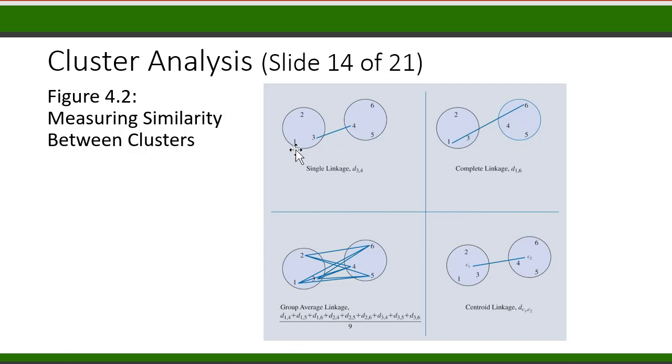And then that single linkage, the ones that are most closely together. So 3 and 4, there's only a difference of 1 there. Can we get anything else as a difference of 1? No.